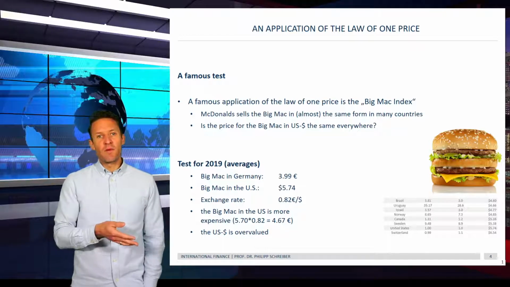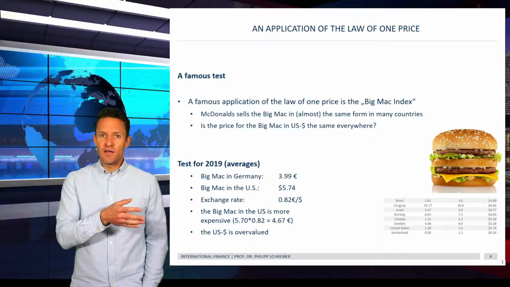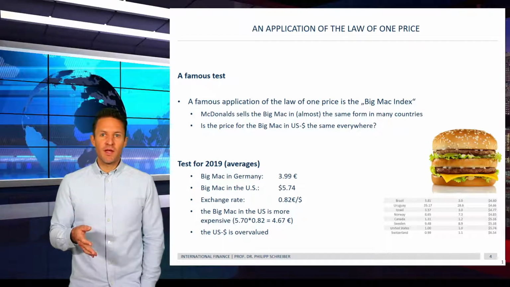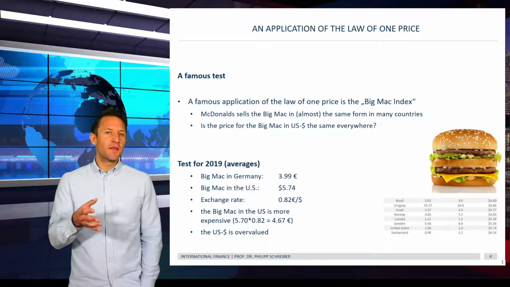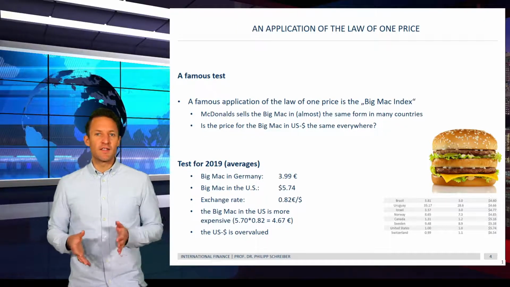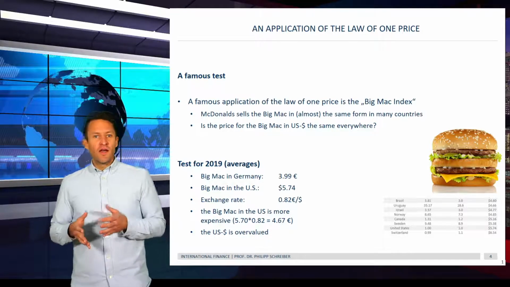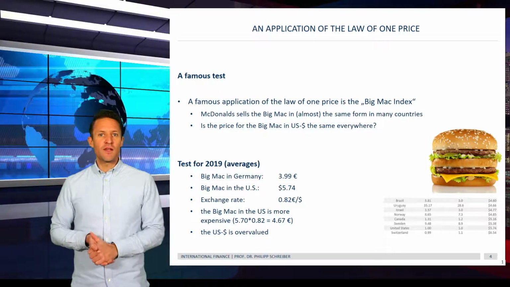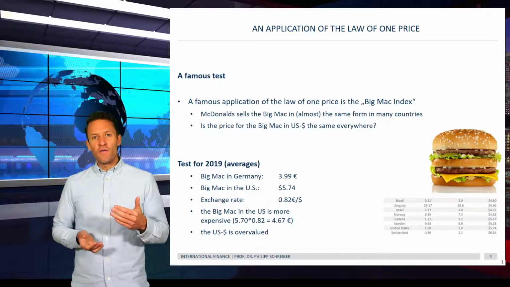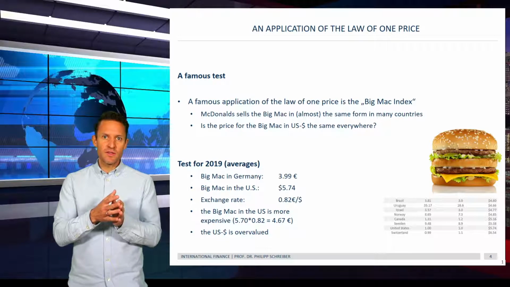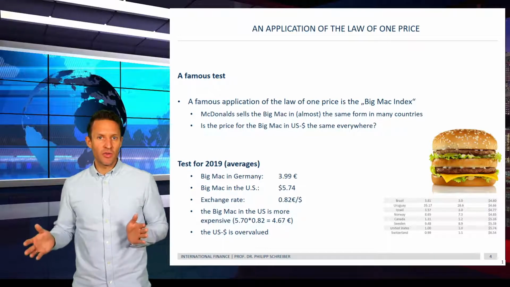The idea is that McDonald's sells the Big Mac in almost each and every country, and the Big Mac is more or less exactly the same. So we have the exact same good in many countries, and we can actually test the law of one price. Is the price of a Big Mac, if we convert it to US dollars, the same in all those countries?